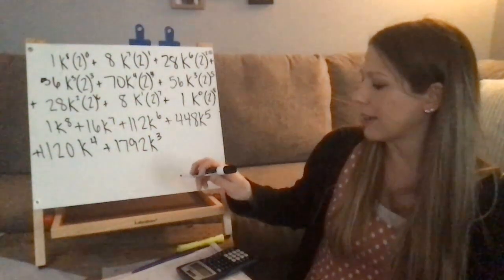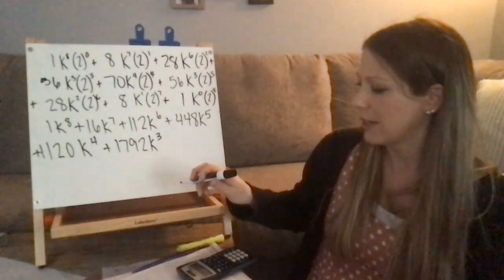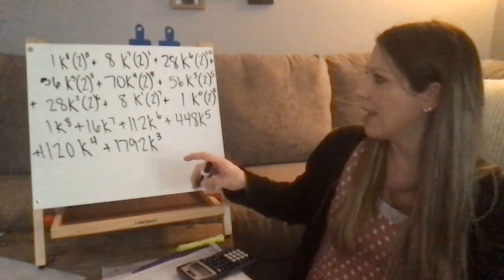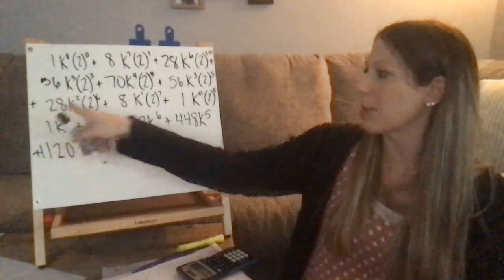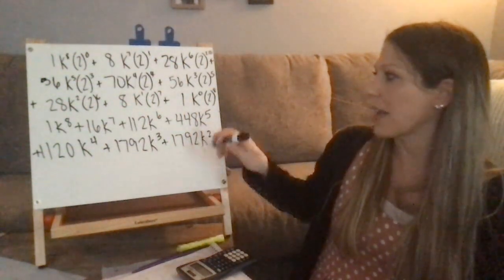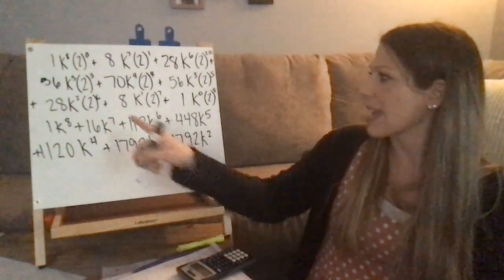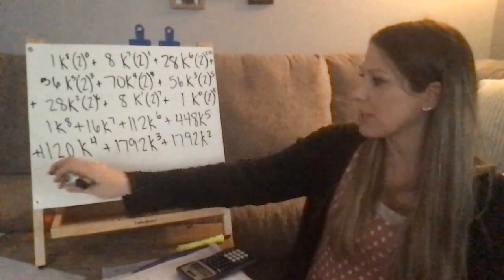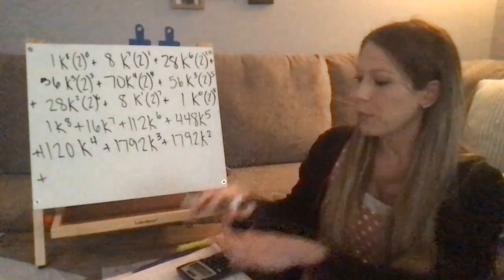Hold on. I messed this up somewhere. Oh no, we're good, we're good. All right. It's just that the next term is also 1,792 k squared. When we take 2 to the 6th times 28, just messing myself up here because I pre-wrote these to make this a little bit faster.